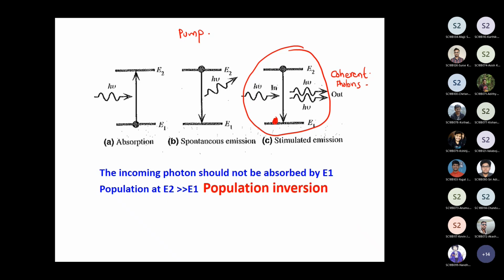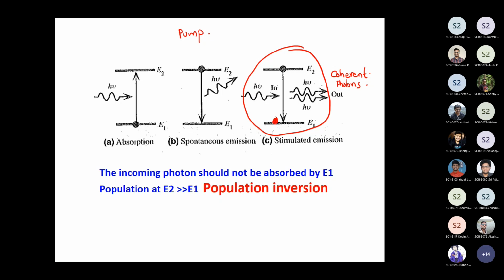So population inversion is created by pumping, and there are different ways by which you can pump electrons from this level to that level. It could be optical pumping, or it could be electrical pumping. Electrical pumping means you apply a voltage. That's the easiest way by which you can create population inversion. And that is what we do in the case of laser diodes.